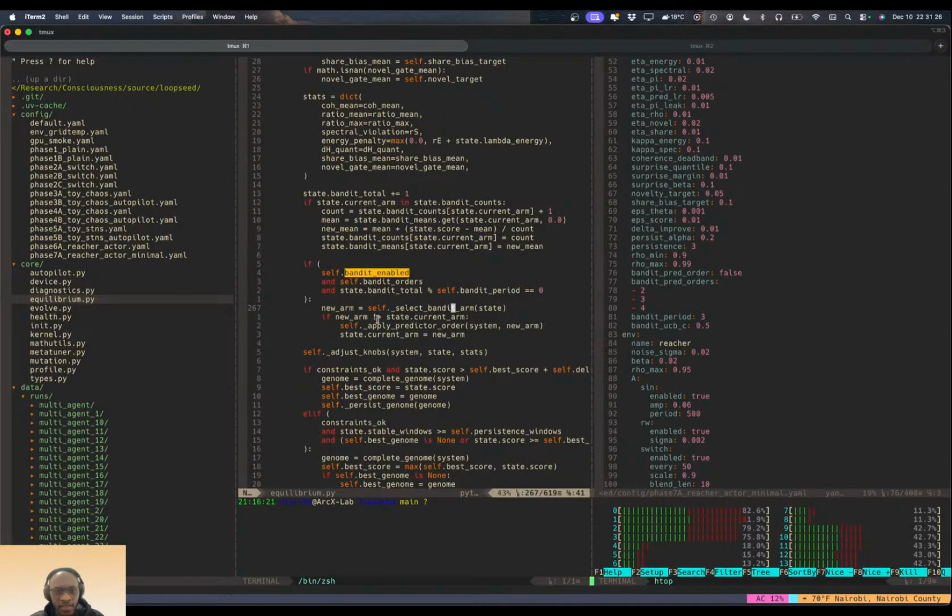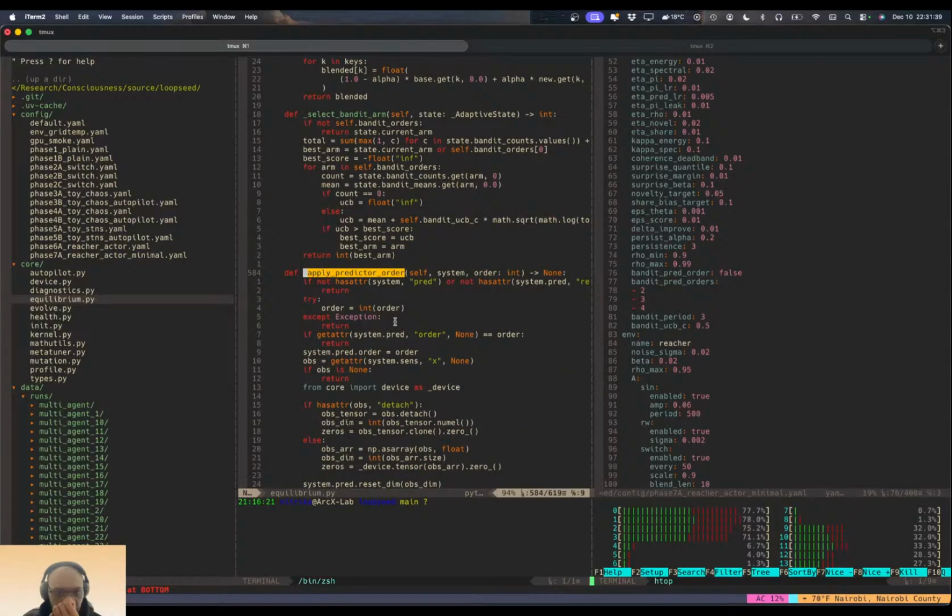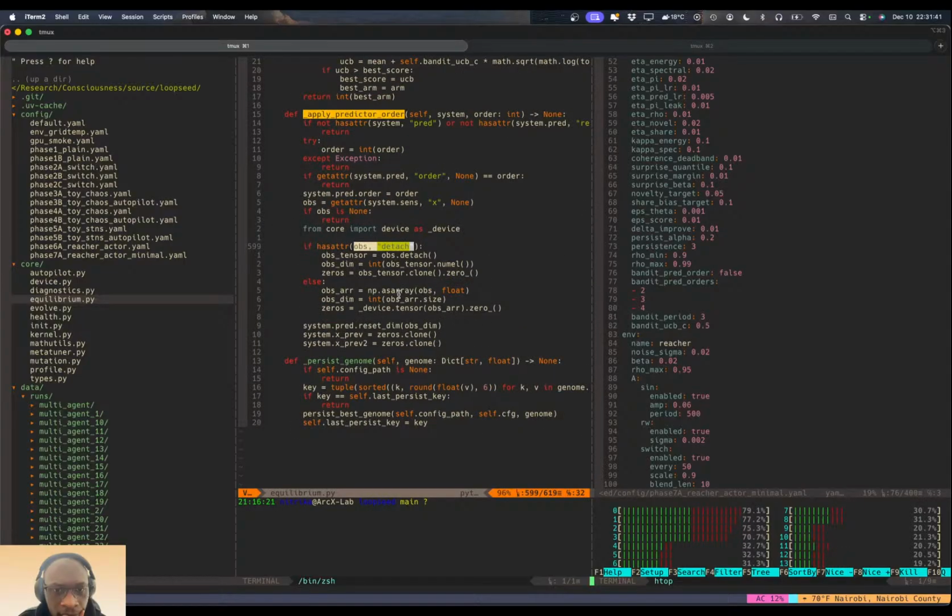I kind of feel that we should keep these, but we need a way to rewrite it. We maybe find a way to rewrite this function. Detached observation tensor.